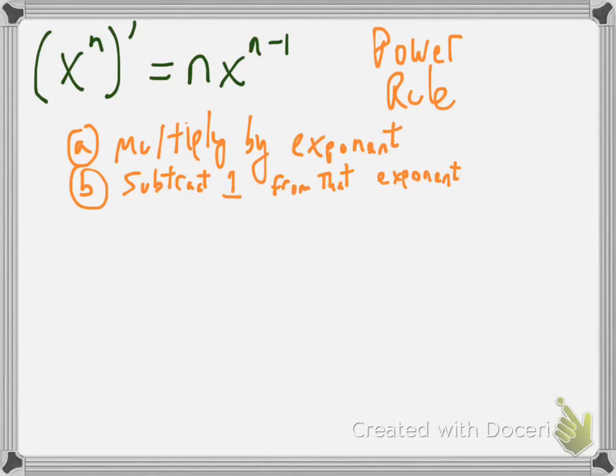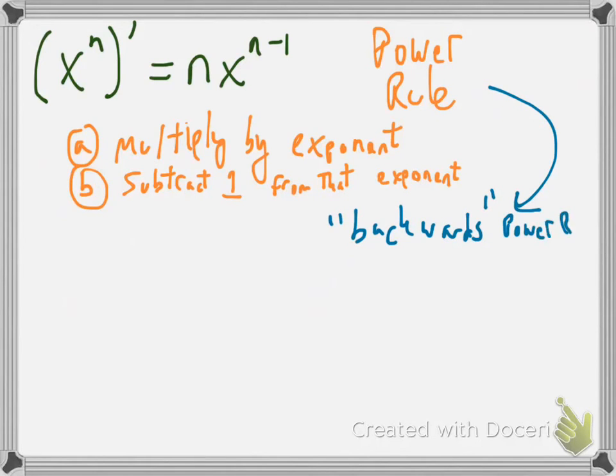Alright, now since we're doing antiderivatives, we need some sort of backwards power rule. So how are we going to do antiderivatives for polynomials? In essence, what we need to do is reverse the process that we did for differentiation. And don't forget, if you've got a two-step process, it's not enough to just reverse the order, you also have to reverse what the operations are.